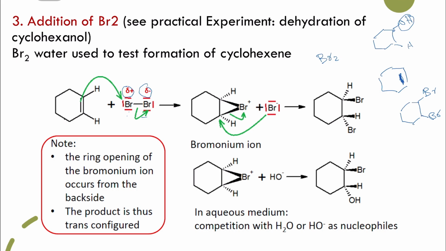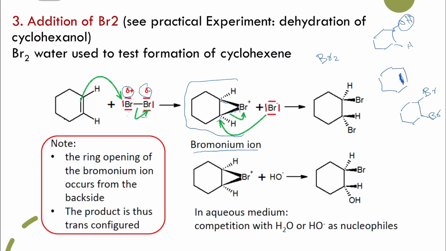Again, the double bond of the cyclohexene will act as the electron donor, and it will attack the bromine with the partial positive charge to then form what is called a bromonium ion. So this intermediate is formed now. It's like a cyclic structure, and the bromine will form a bond with both carbons, not only with one.